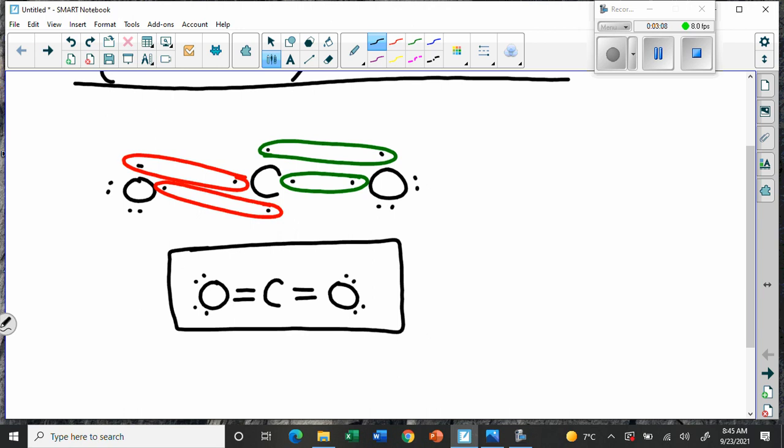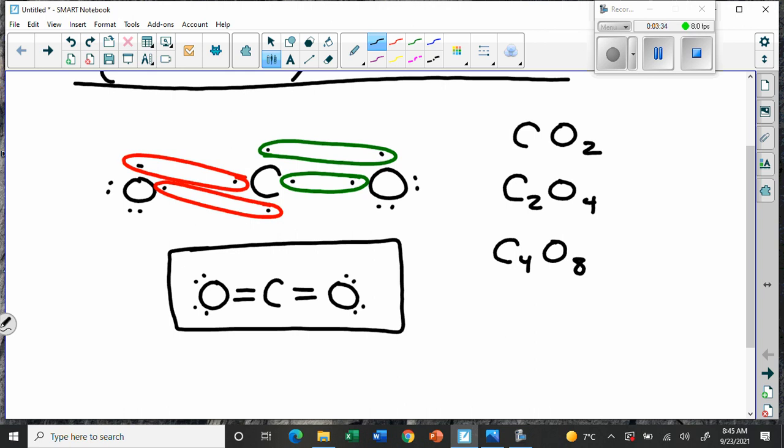But the proportion of these atoms stays the same, while the numbers of atoms can change. So theoretically, you could have carbon with 2 oxygens, but you could also fulfill all of the sharing if you doubled everything and had C2O4, or for that matter, C4O8. And it just keeps getting bigger and bigger.